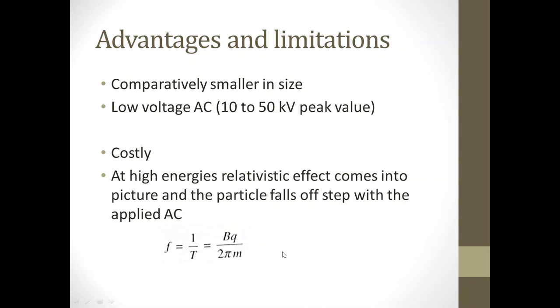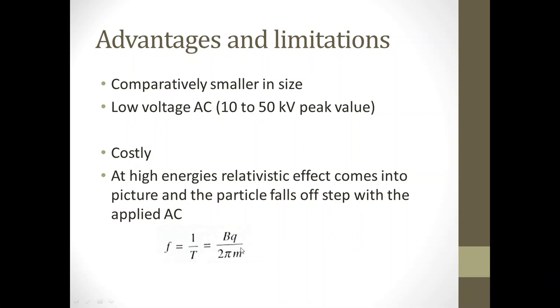So what is the way out of this? One way is, as m starts increasing, we can increase B. So this is one way of overcoming this limitation. As m starts increasing, B also is increased so that f remains the same.